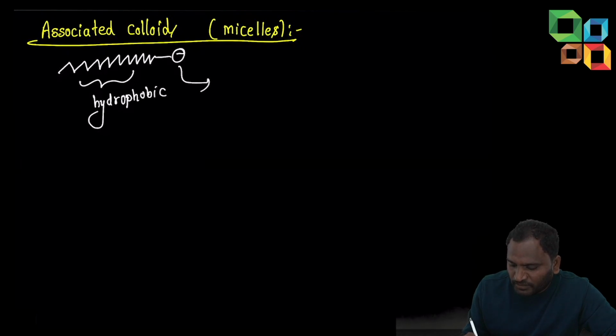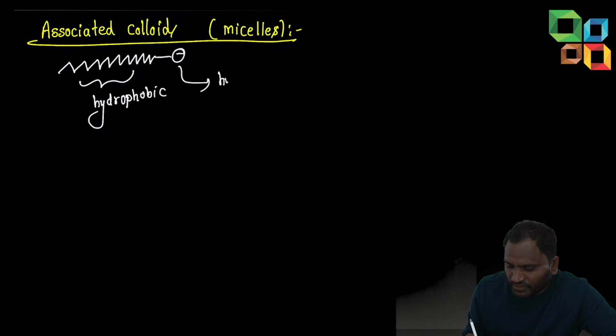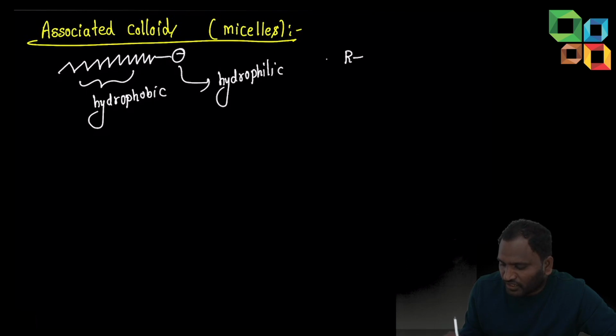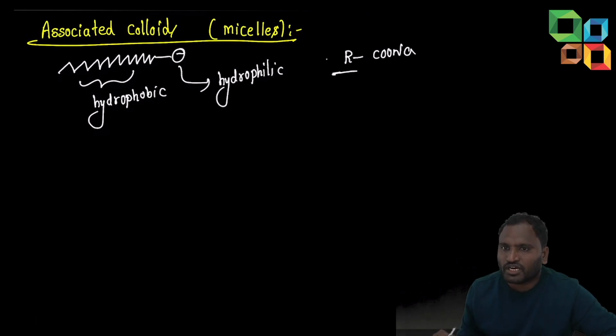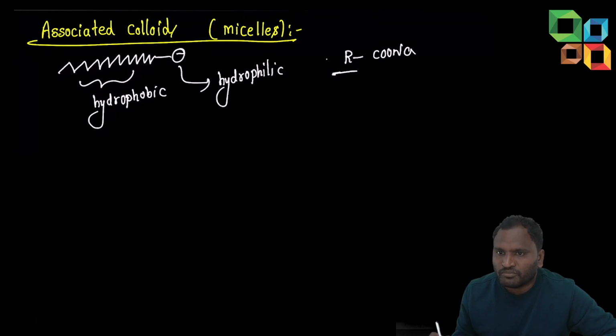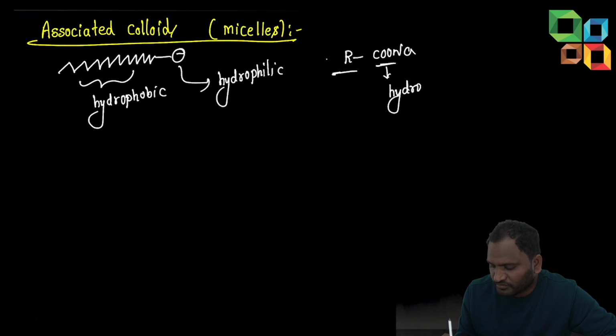This carboxylate part is hydrophilic. It likes water. Otherwise, simply I write RCOONa. R is the hydrocarbon part, a long chain. This is hydrophobic. This one is hydrophilic. It likes water. It dissolves.